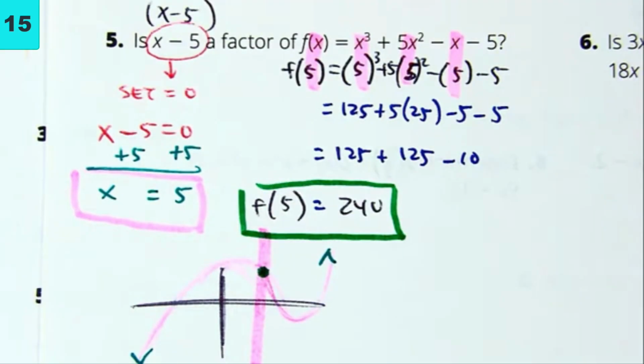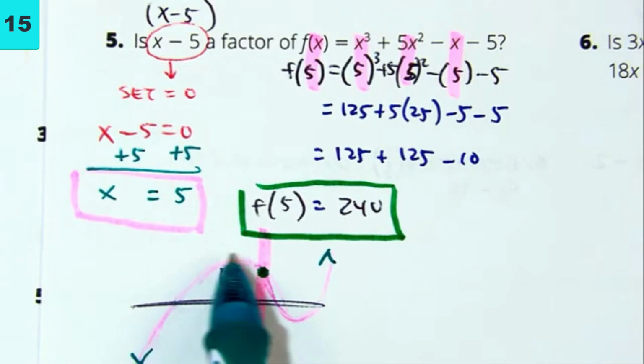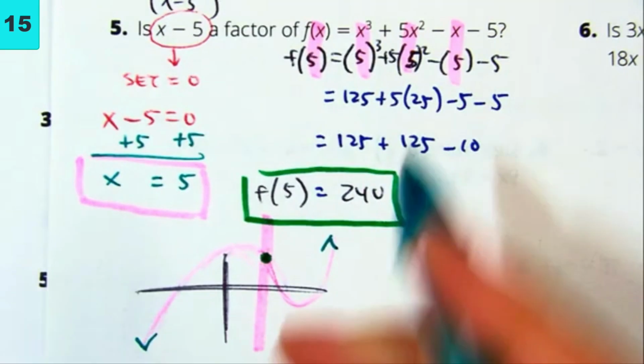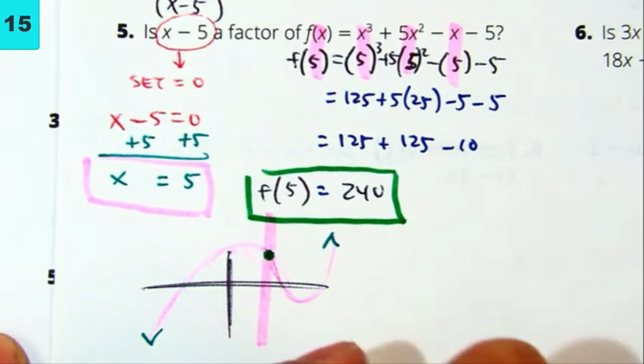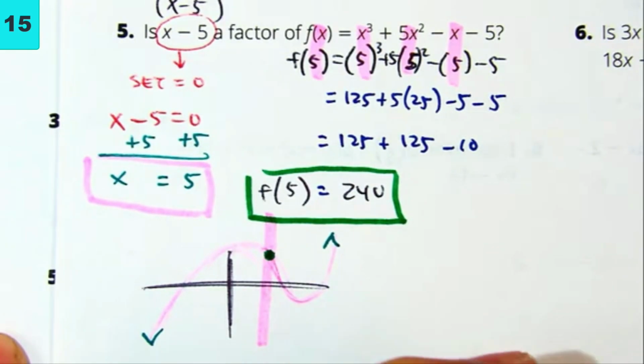Okay, this is Friday's lesson. Class, does it touch the x-axis on the pink line here? Yeah. Does it go through the x-axis, the graph? Oh no. No, it doesn't. So no, it is not a factor.